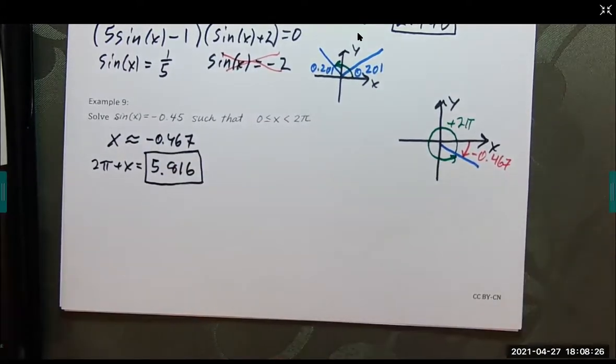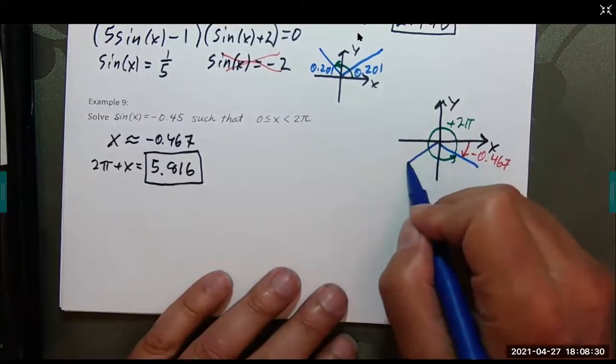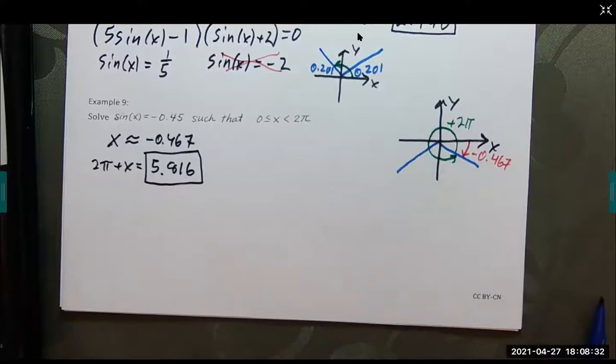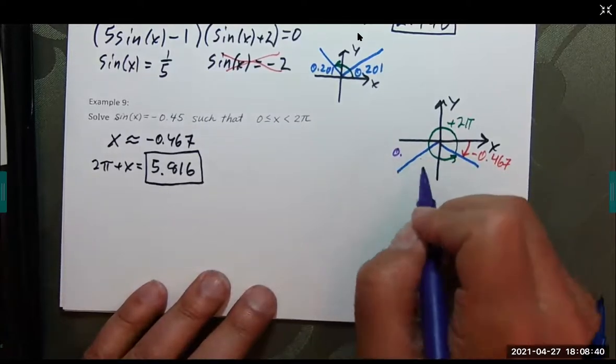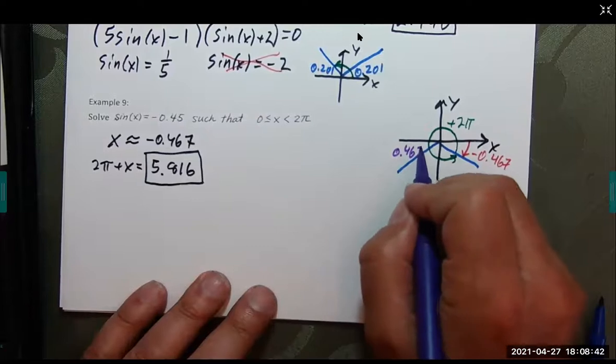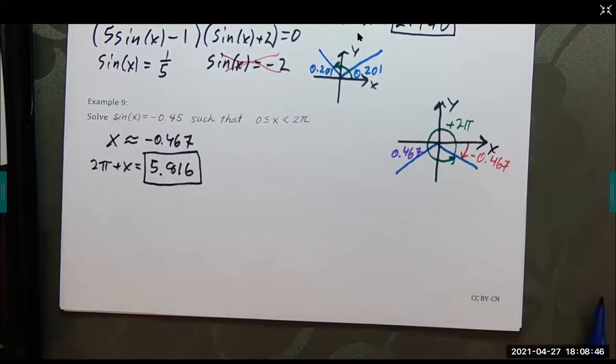Problem is, sine is negative in quadrant 3 as well. So that makes this angle here still 0.467. Now, I have stored off negative 0.467, which is not going to be as helpful.